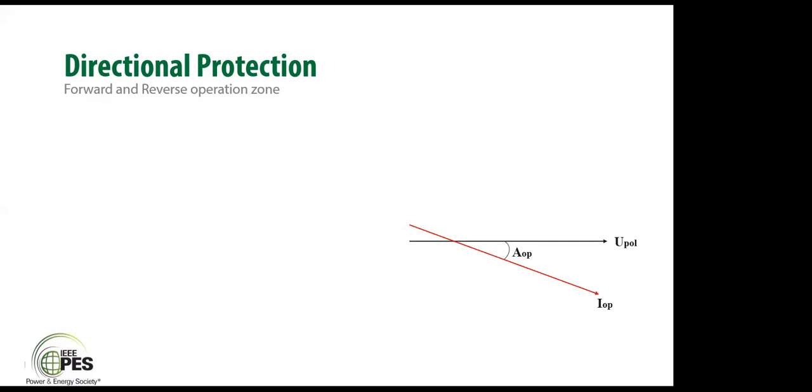So the first setting parameter that comes into the scenario now is the torque angle. So the torque angle we can set in our protection scheme. That depends on the operator. And once we set the torque angle, then the maximum torque line will be at the maximum torque angle with respect to the polarizing voltage. And once we have the maximum torque line, then the zero torque line will be at 90 degree with respect to the maximum torque line.